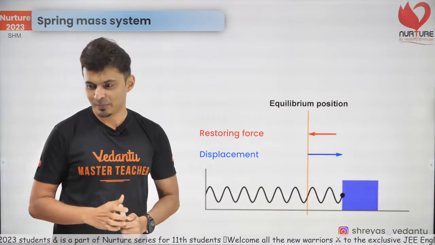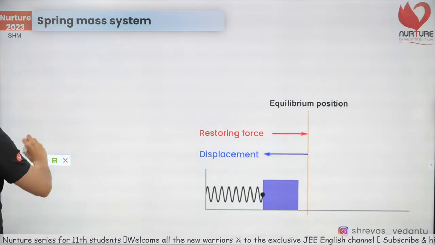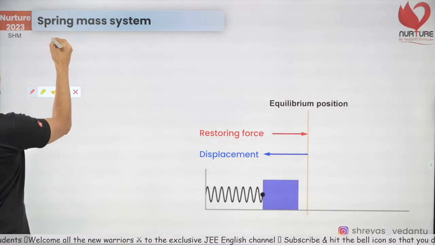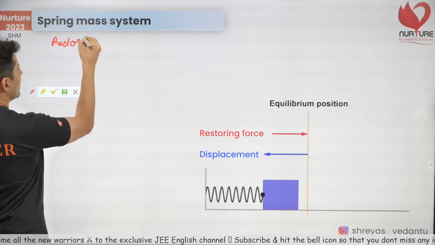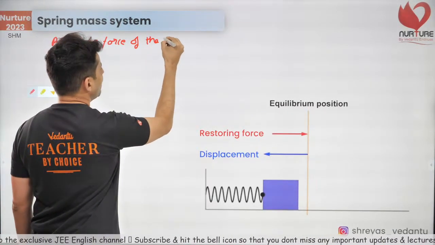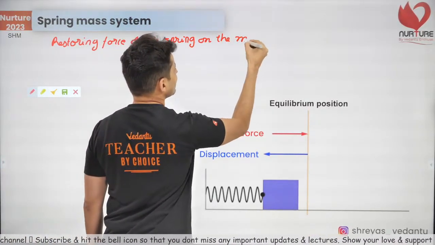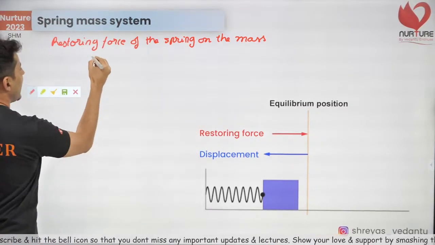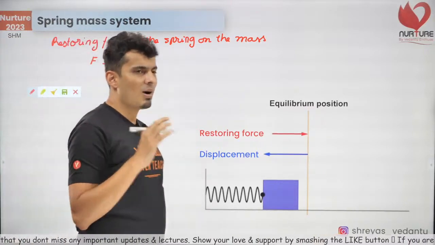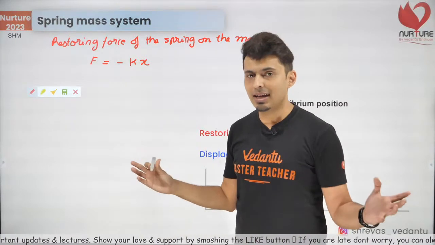Let's try this out. Okay, so let's figure this out. First of all, we all know, whenever you have a spring mass system, the restoring force of the spring on the mass is given by F is equal to minus kx. The reason why I'm using minus this time is because I'm not just interested in the magnitude but also the direction.